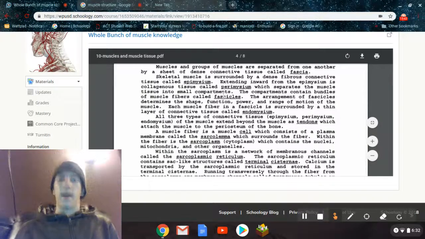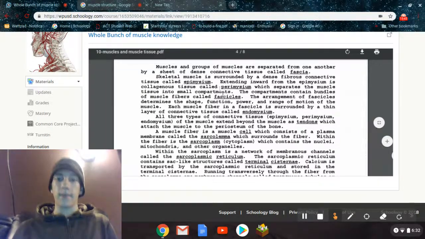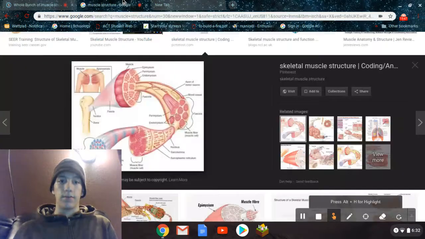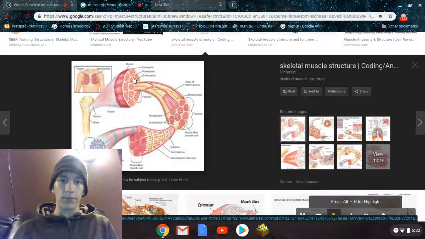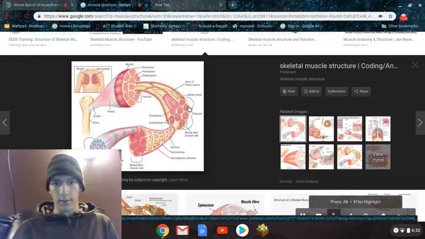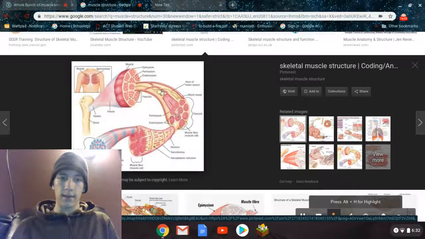Next is the perimysium. So around all of these, which are called fascicles, so see how this has been extended? Each of these little bunches is one of these, and they're called fascicles, and they're surrounded by another layer of wrapping called perimysium.